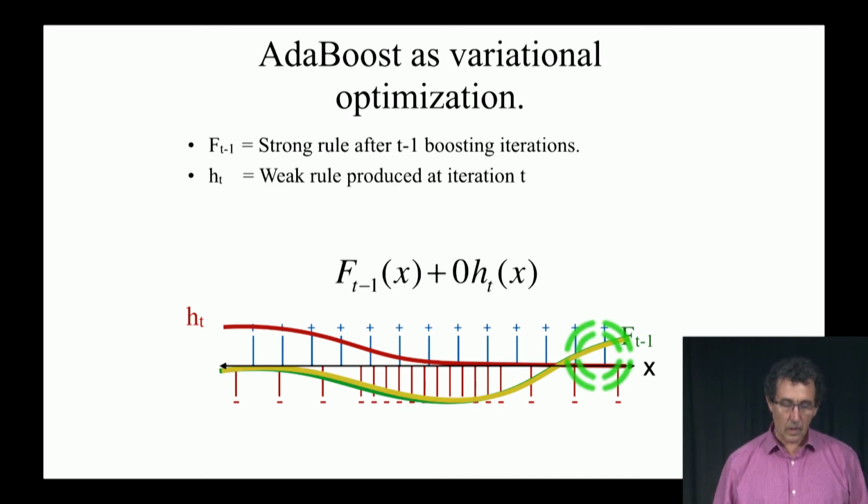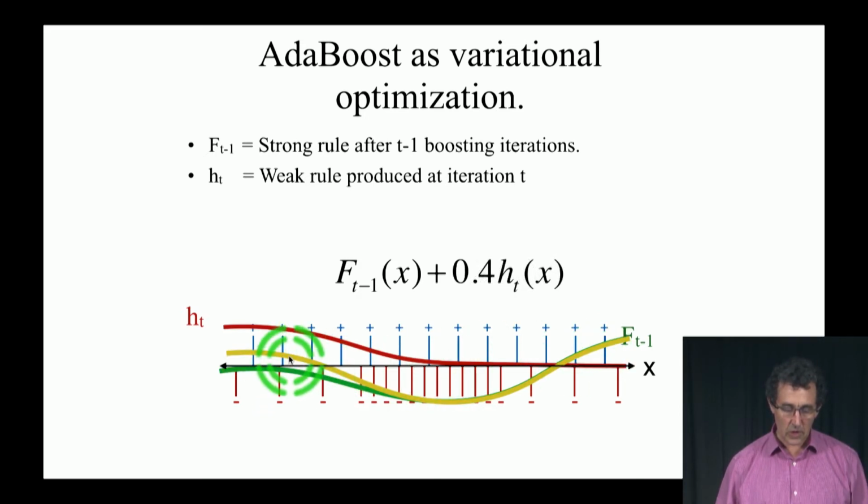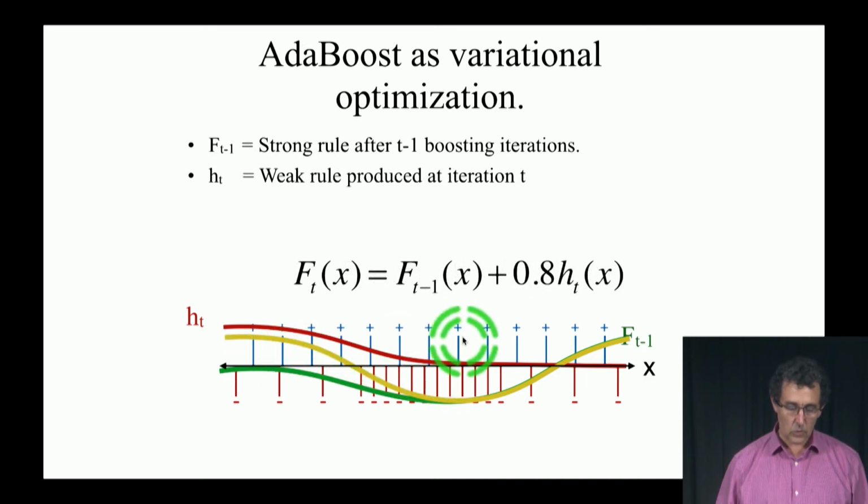So if we look at this as a variational optimization, we're basically thinking about what coefficient to put in front of this function. So if we put 0, then it doesn't change the function at all. If we put 0.4, then it changes the function this much. If we do 0.8, it changes the function this much, right?